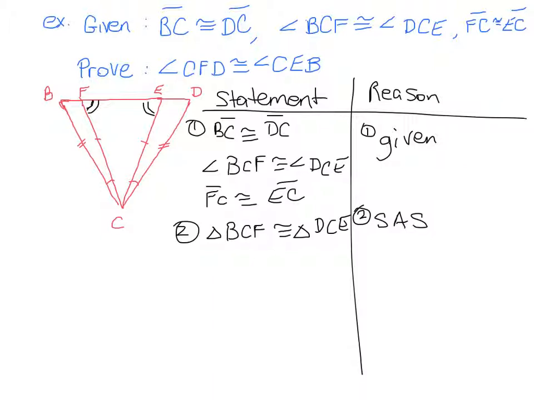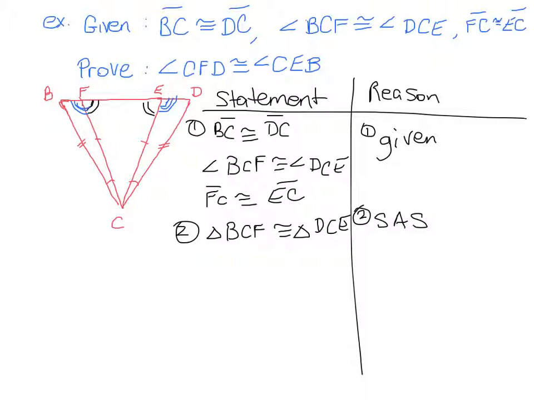The next thing we may know is that if two triangles are congruent to each other, then the parts of those triangles are congruent to each other as well. So if we take that angle here, it's going to be congruent to that angle here because they're corresponding parts of two congruent triangles. That shows up in proofs all the time: corresponding parts of congruent triangles are congruent.